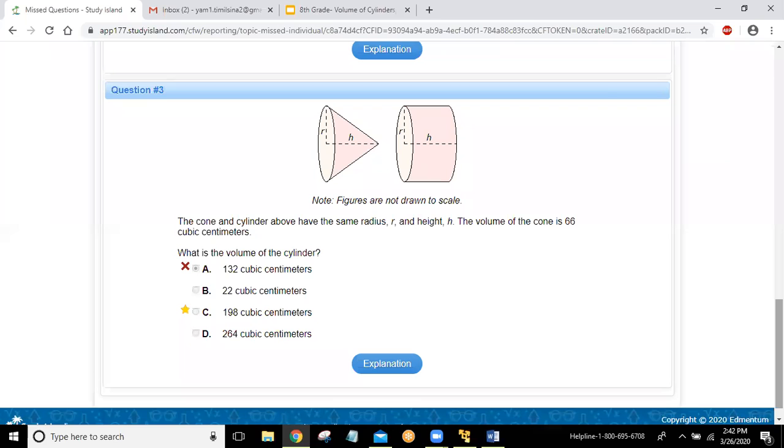There is no such relation between sphere and cone or cylinder. You cannot do anything on that. You have to do the whole process. If the question asks you for the sphere, you have to do the whole process: find the radius, find the height, then use the formula. We can do this only between cone and cylinder.